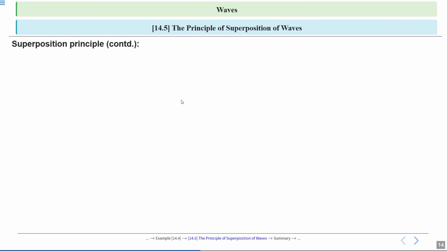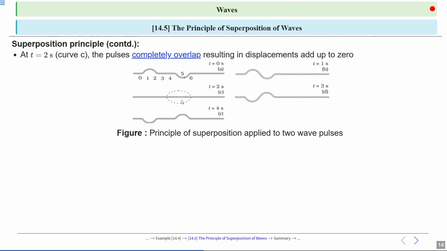Now let's look at what happens at time t equal to 2 seconds. Alright, in figure C, t equal to 2 seconds. So here two pulses completely overlap, first one and second one. The pulses completely overlap and their displacements add up to 0.